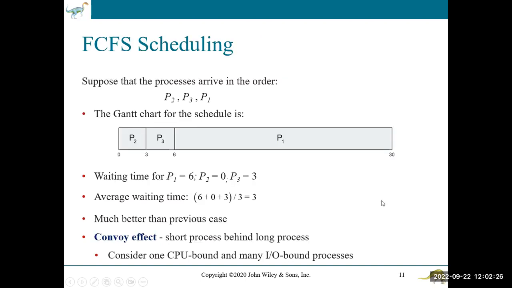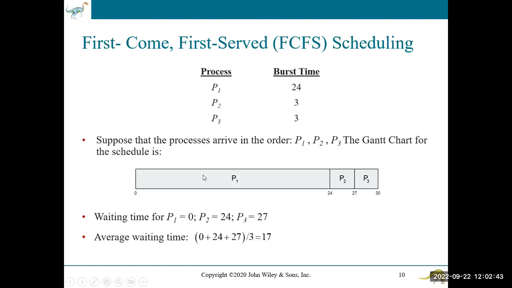So let's compare first come, first served. All right, so they're going to explain a little more about this. Suppose that the processes arrive in the order P2, P3, and P1. So now they're saying with a first come, first served scheduling algorithm, let's suppose that instead of the processes cleanly executing in a defined order, and why would that happen?